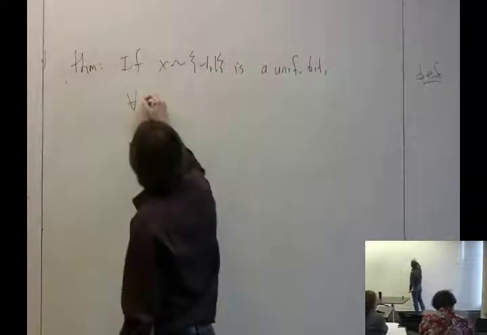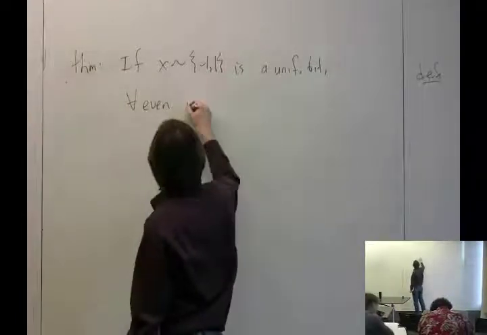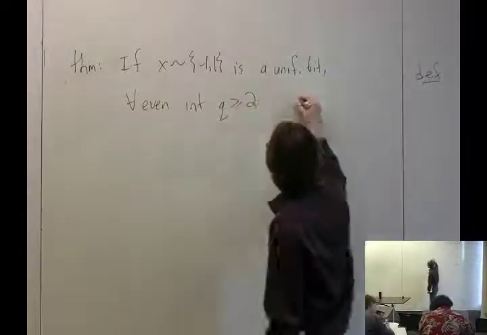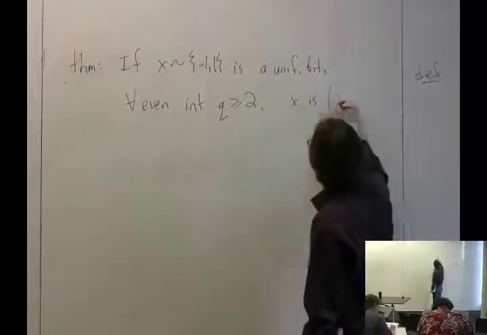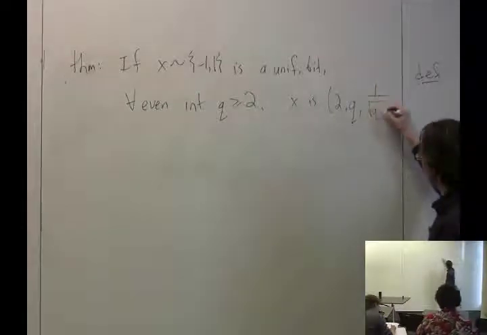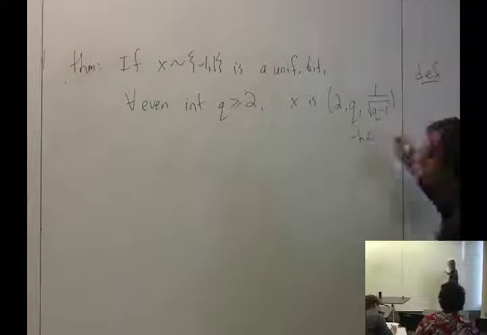And for all even integers q greater than or equal to 2, x is 2, q, you see the pattern, it's 1 over root q minus 1 hypercontractive.